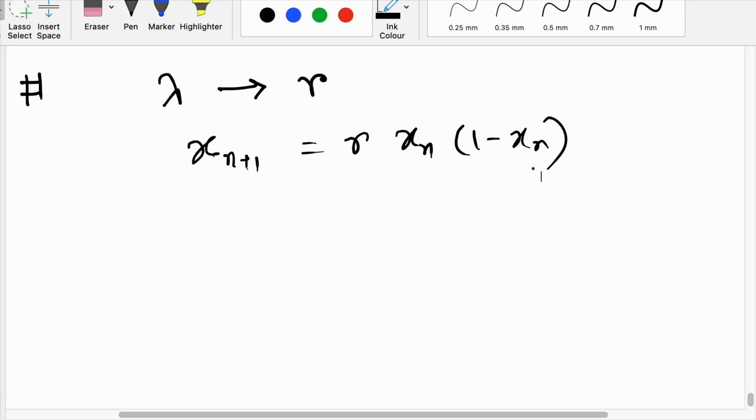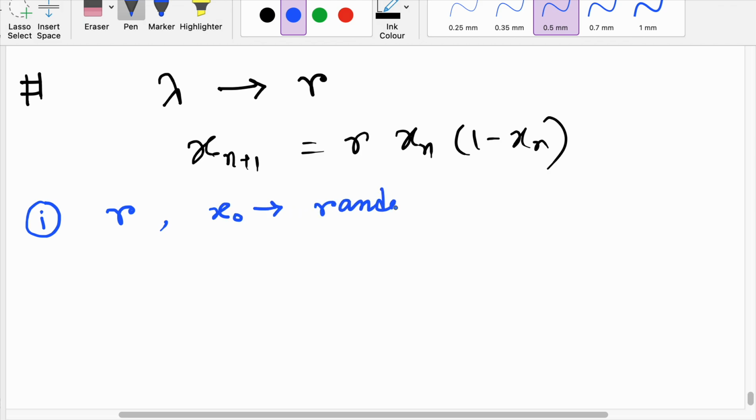So how to do it? The steps are: first you take a single value of r and any random initial condition. Then you iterate this random initial condition, suppose n prime is 300 times.